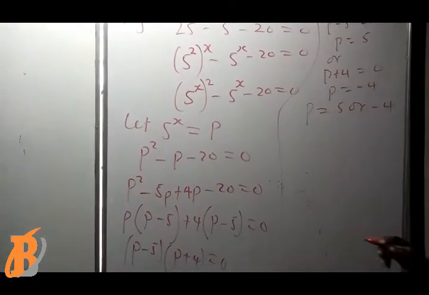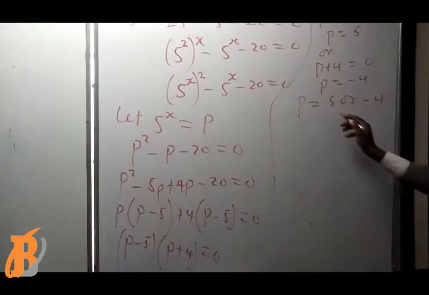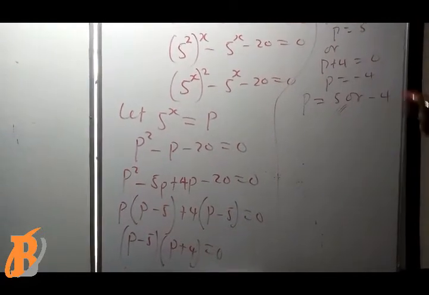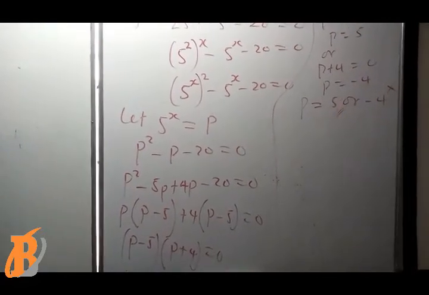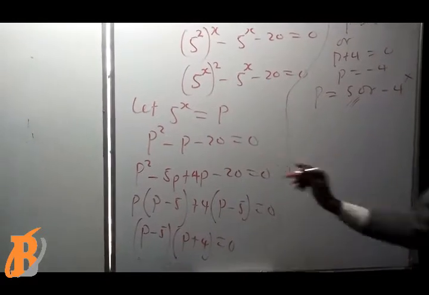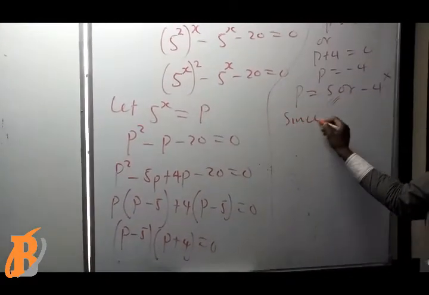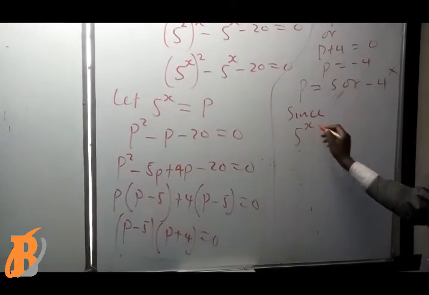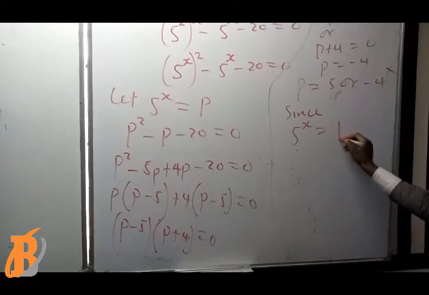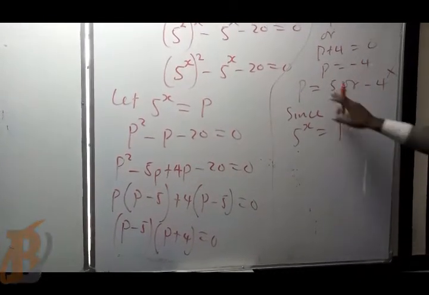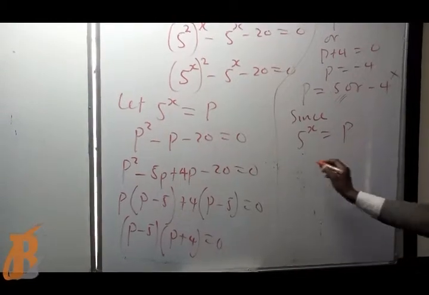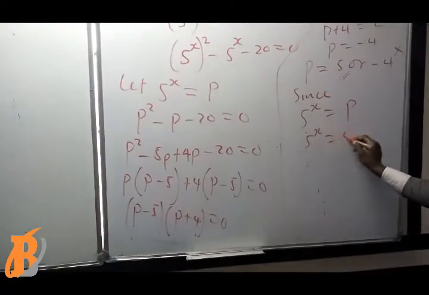In terms of this question, you go for the positive value. That means the answer is 5. Then go back to that, since 5 raised to power x is equal to p. Therefore, anywhere you see p, substitute 5. That's 5 raised to power x is equal to 5.